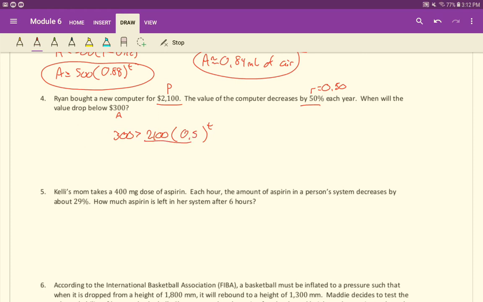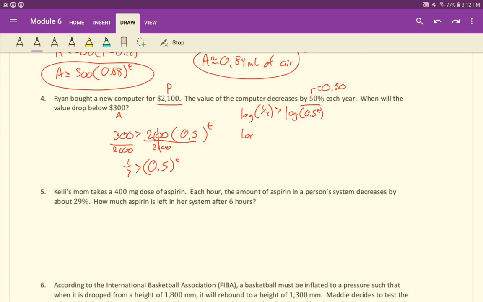So we'll have to divide both sides by 2,100, which simplifies to 1/7, and that's 0.5 to the T. We'll use a logarithm on both sides, so we'll say log of 1/7 is greater than log of 0.5 to the T. Bring that T out front.